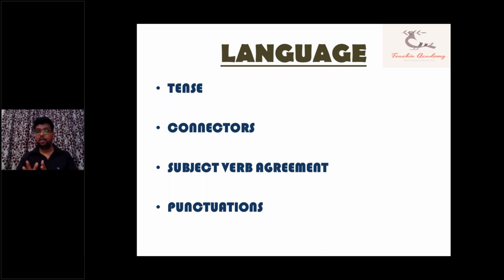Again, I, we, you, they. These are plural. He, she, it. These are singular. He, she, it are singular. Once again, to drill it into your brains, I, we, you, they. These are plural. He, she, it are singular.